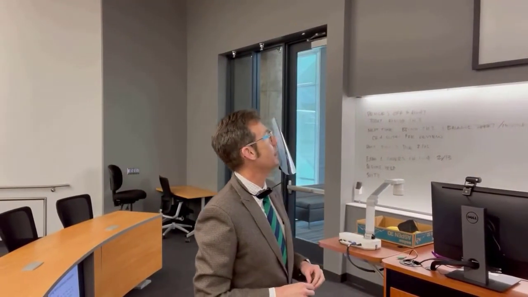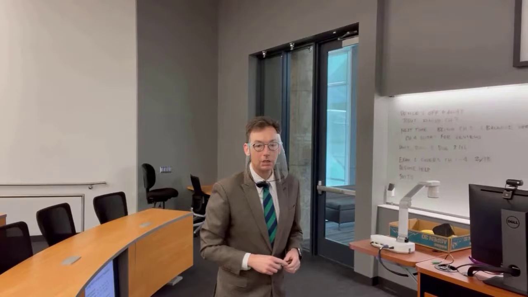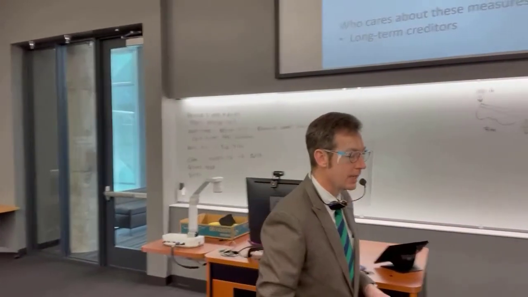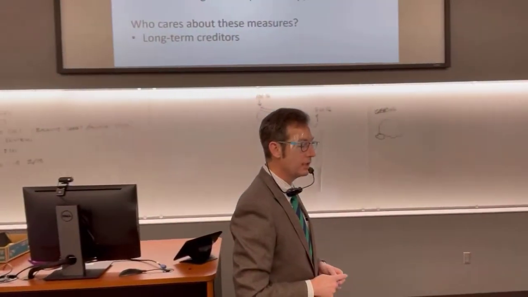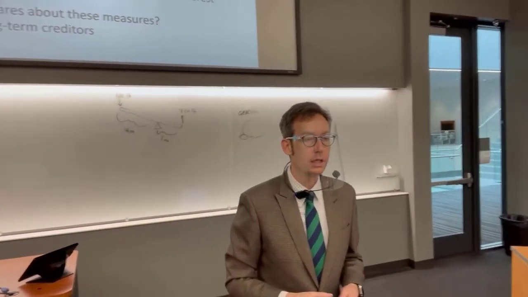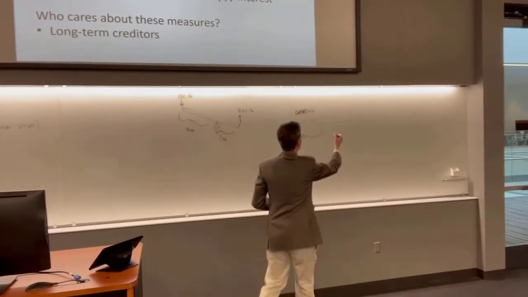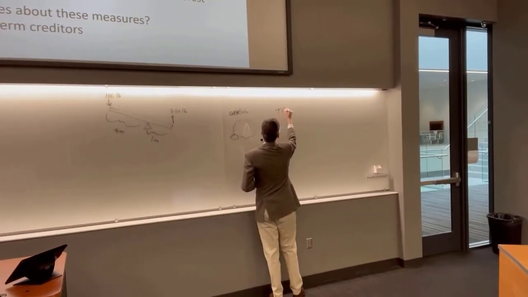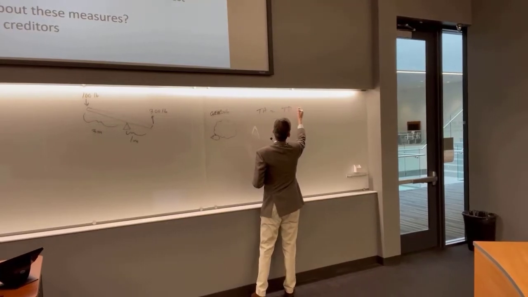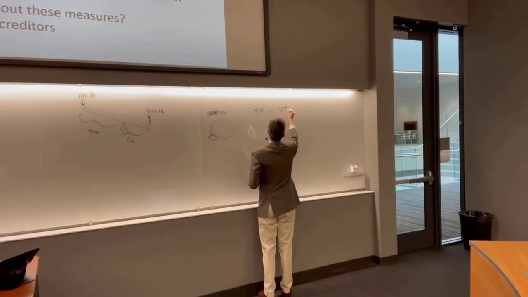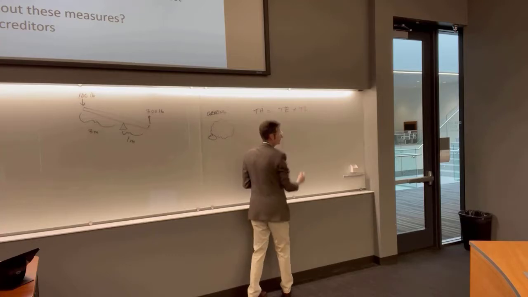And then finally we have the equity multiplier, which is just total assets over total equity. And strangely enough, you can find it by doing 1 plus total debt divided by total equity. Let me show you why that is. Total assets is equal to total equity plus total debt.